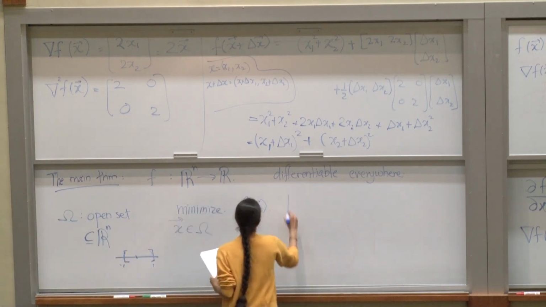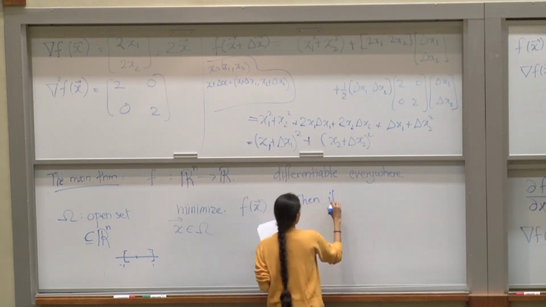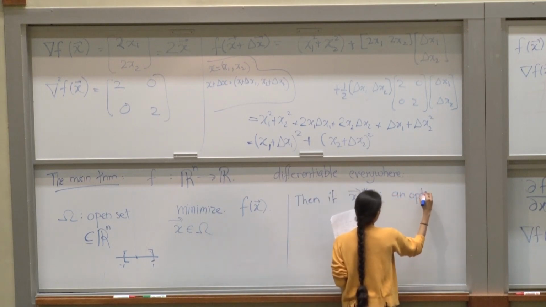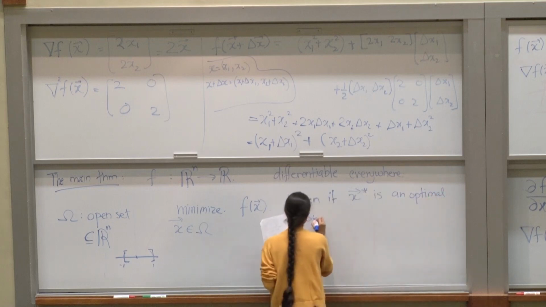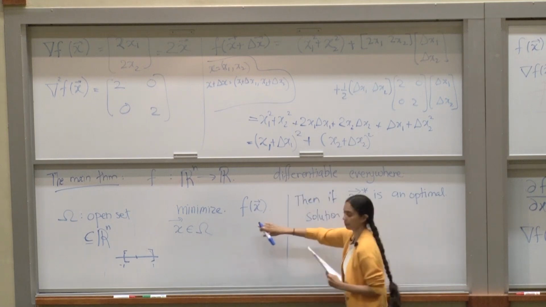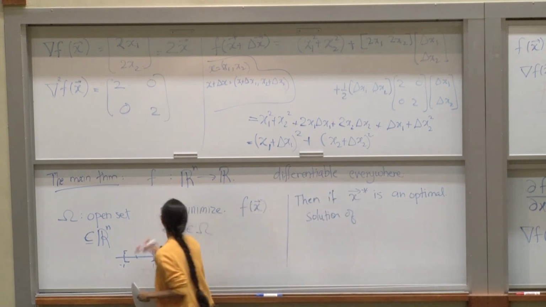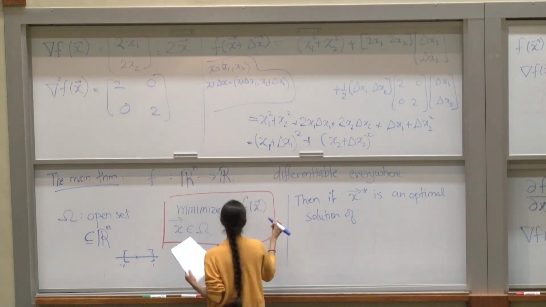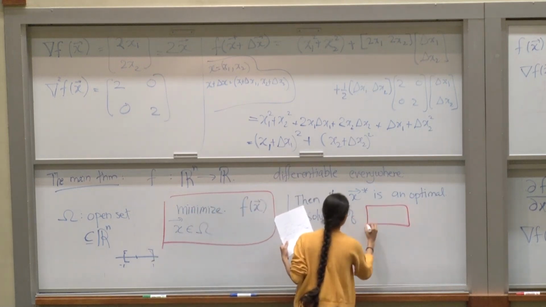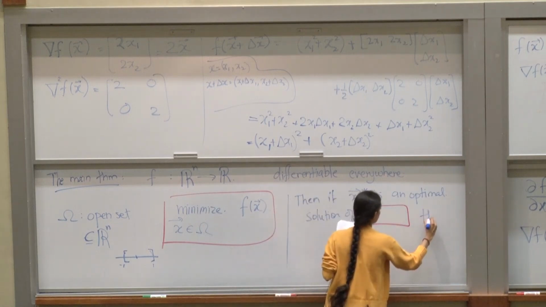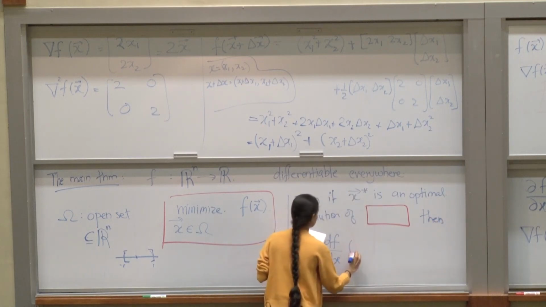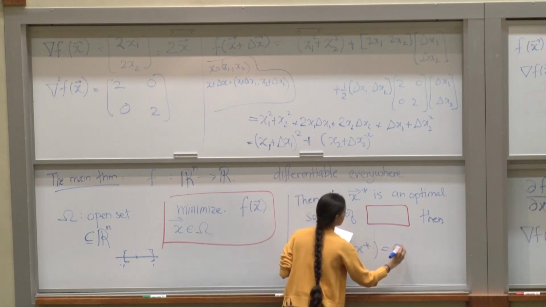Then, if x star is an optimal solution of this optimization problem in the red box, then df by dx at x star is equal to 0.